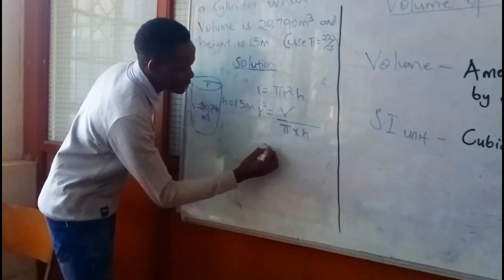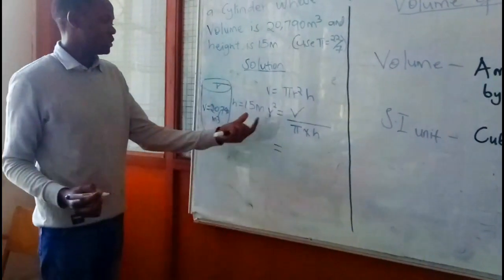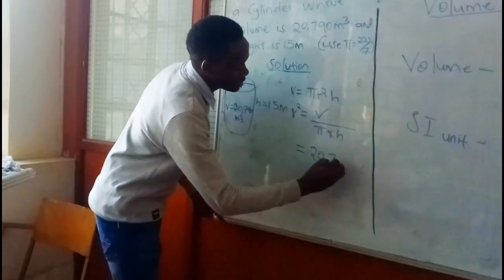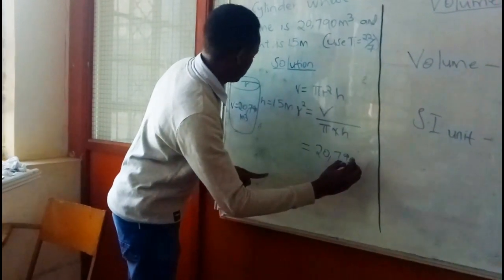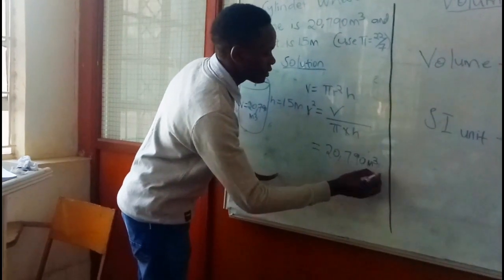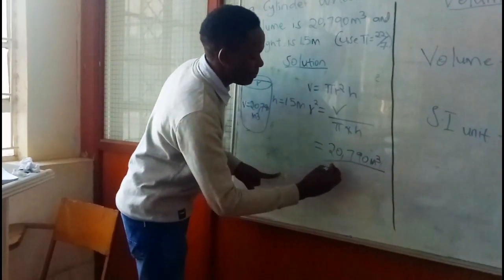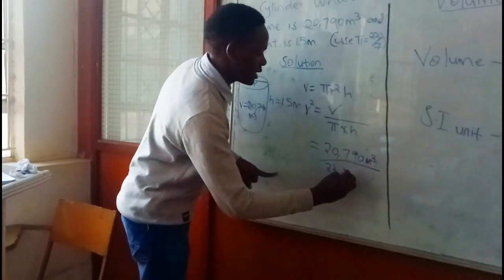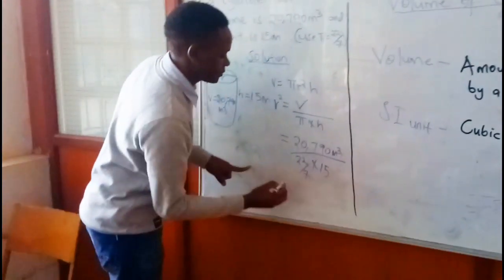Replacing the values to equate with r squared, our volume is 20,790 meters cubed divided by our pi, which is 22/7, multiplied by our height, which is 15.